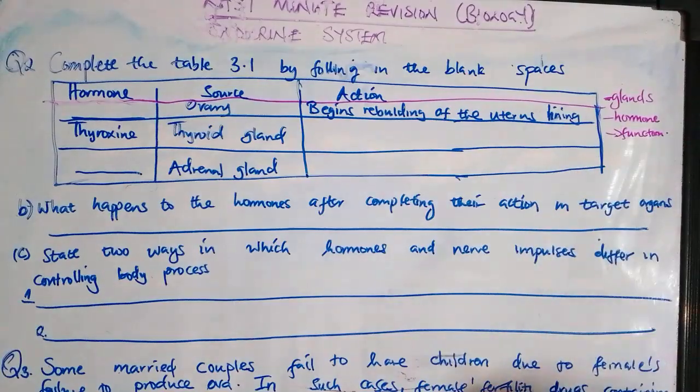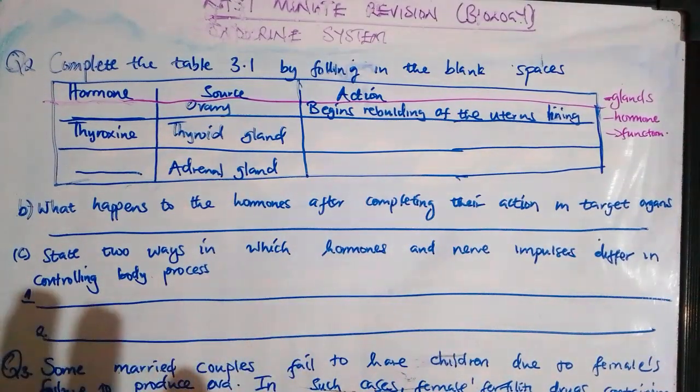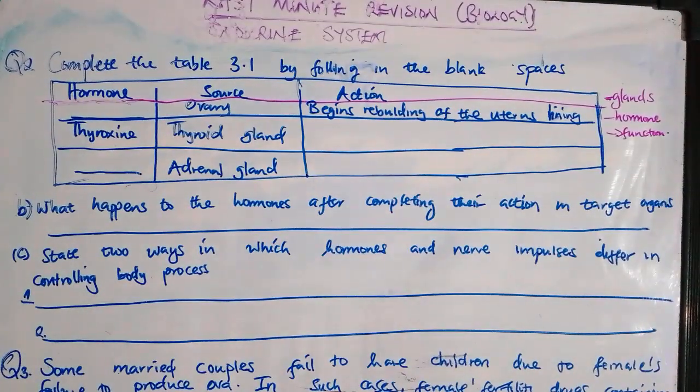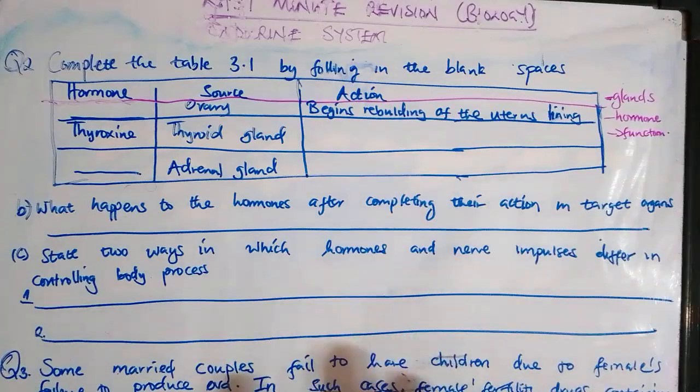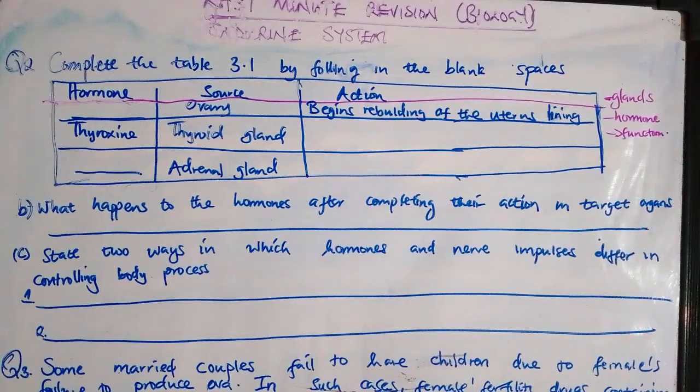I told you the hormones which you need to pay attention to in my video, so make sure you watch them, or make sure you inbox me, you get a link to the full video so that you can watch them at your own free time, because time is running out. You have less than 2 weeks to write your biology. These are the questions which you are supposed to be going through.